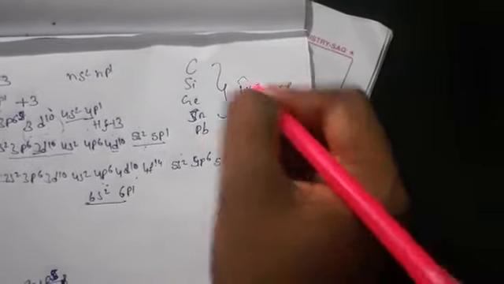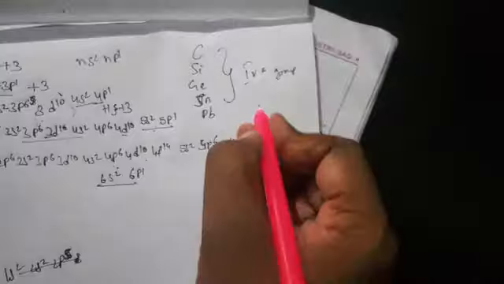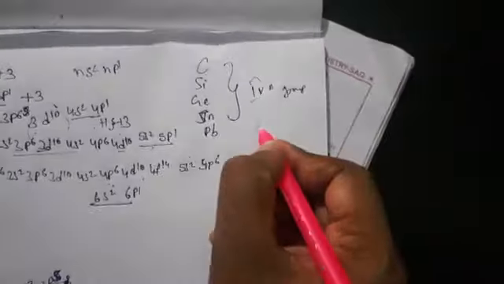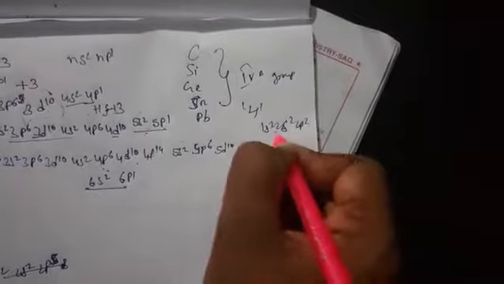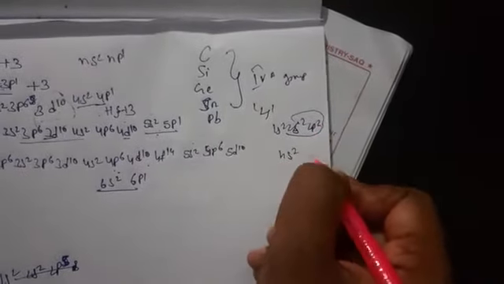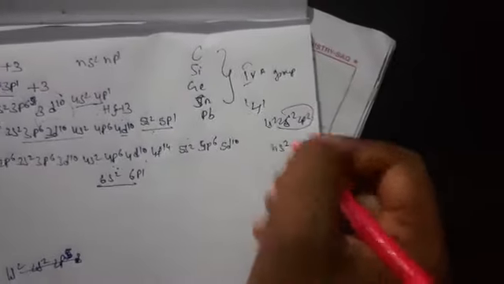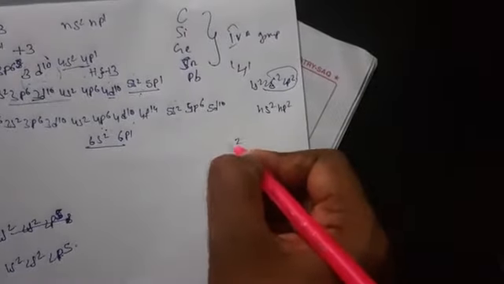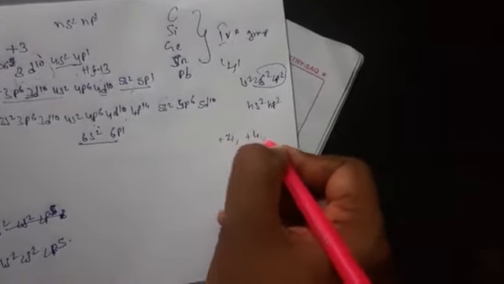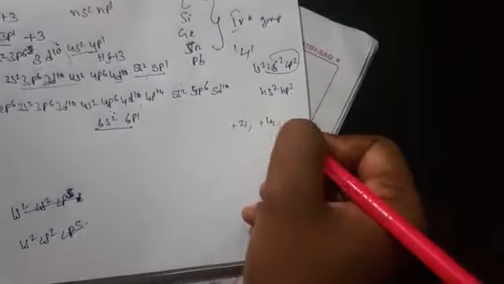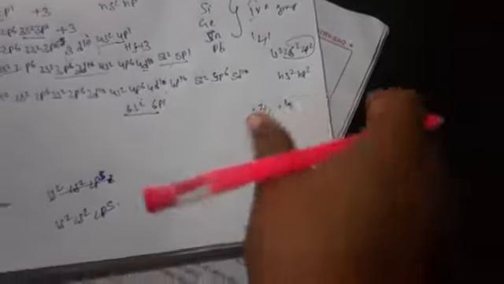The valency will be 4, because the configuration is 1s2, 2s2, 2p2. The general configuration is ns2 np2. Carbon and silicon exhibit valency 4, and the remaining can exhibit +2 and +4. Now let us see what questions we are going to have.